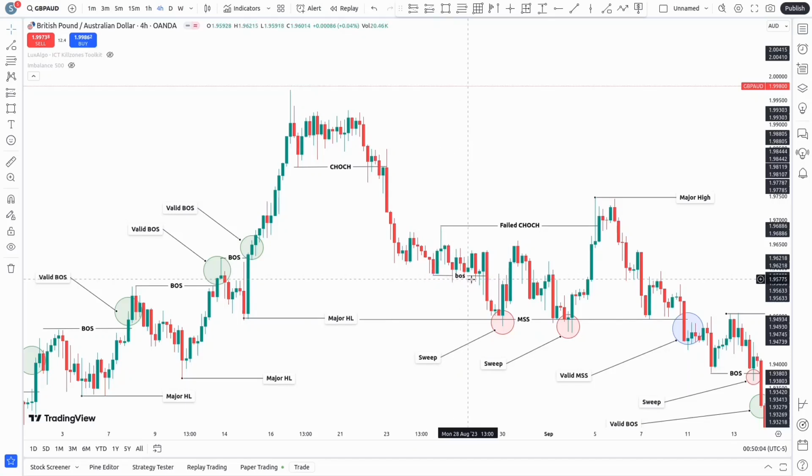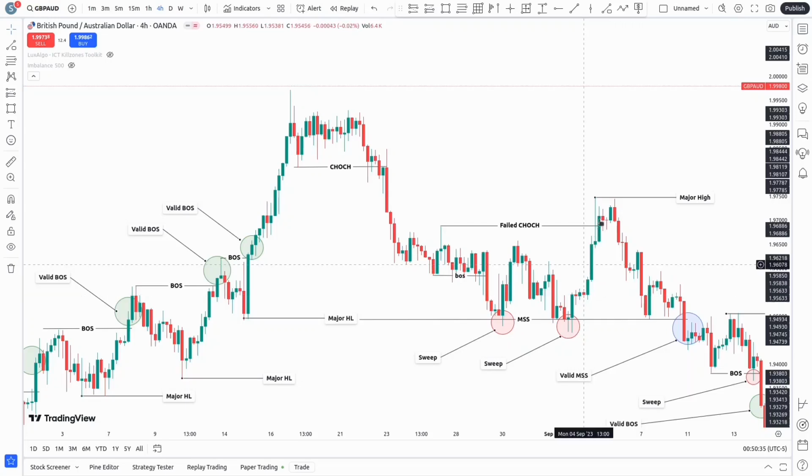We have a break of structure here, BOS, which we represent with smaller letters because it's also structure. It comes to this place, tries to break this major level but fails. What we have here is a liquidity sweep. It comes to this level, fails to take it, pulls back, comes here and sweeps another liquidity. And then sweeps another liquidity.